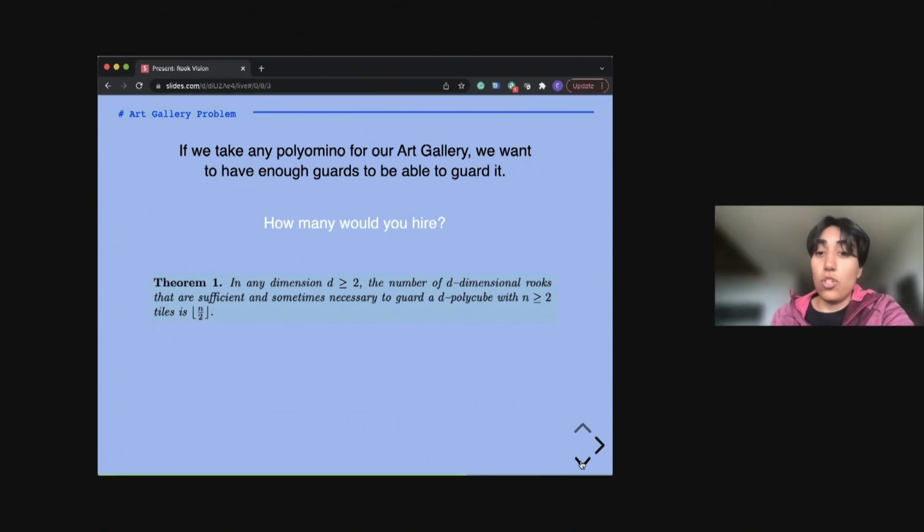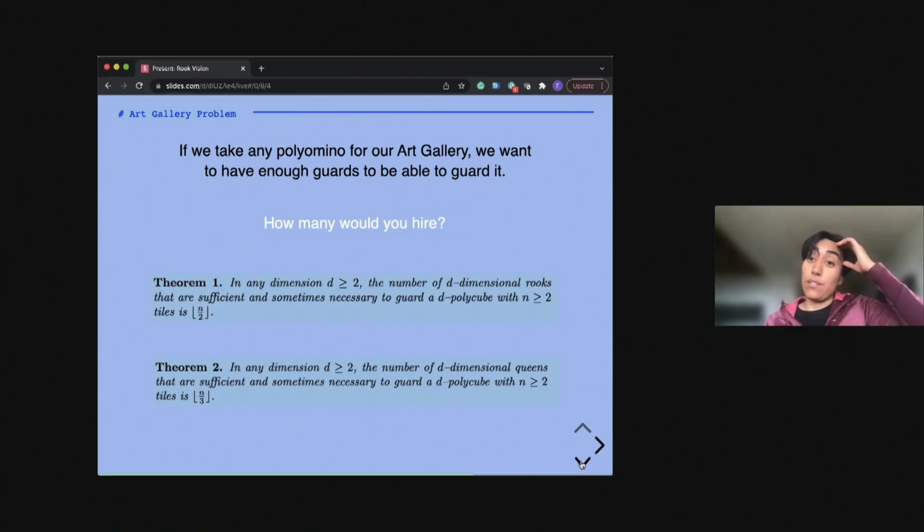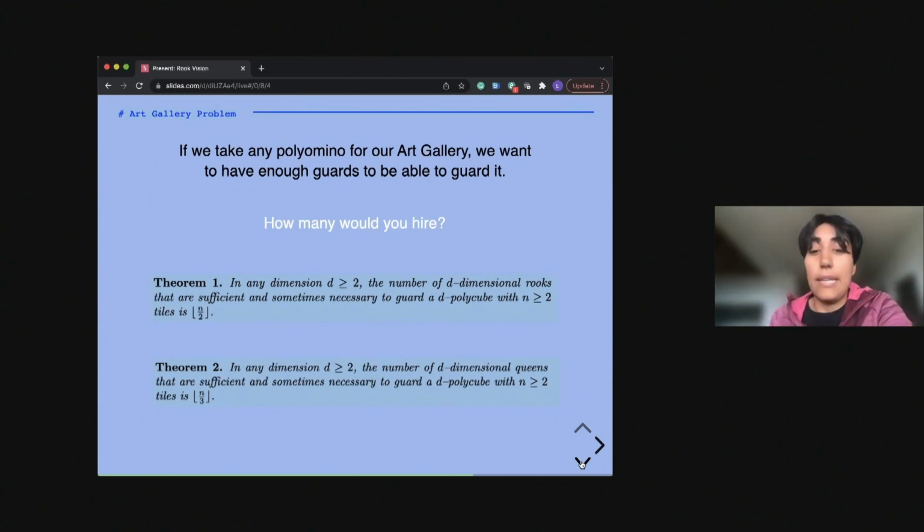In 2 dimensions, the number of rooks that are sufficient and sometimes necessary is n/2, where n is the number of squares, or, in higher dimensions, the number of higher-dimensional cubes in the polycube. And in any dimension, the number of d-dimensional queens that are sufficient and sometimes necessary to guard the polycube is n/3. These results resemble the results of Chvátal.